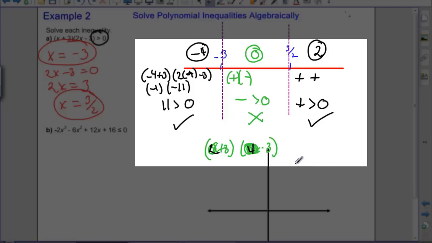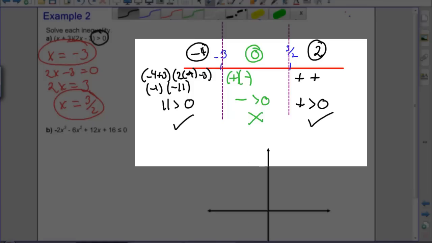So I do have 2 intervals where my answer is correct, and the first is going to be, let me just erase this, the first is going to be from -infinity up to -3, but because the inequality is only greater than 0, I don't include my x-intercept of -3.